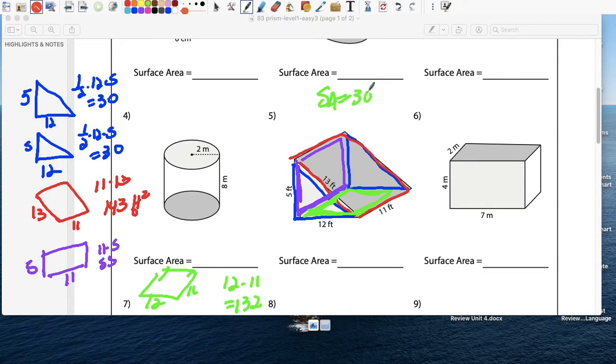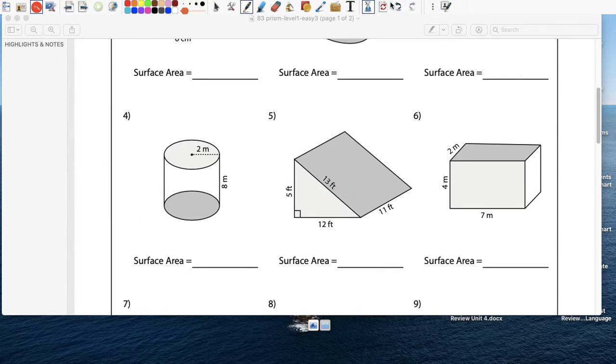Surface area is 30 plus 30 plus 143 plus 55 plus 132, which gives you a total of 270 feet squared. As you can tell, it's not that difficult. It's very simple. The most difficult part is to make sure we use the correct numbers, right?